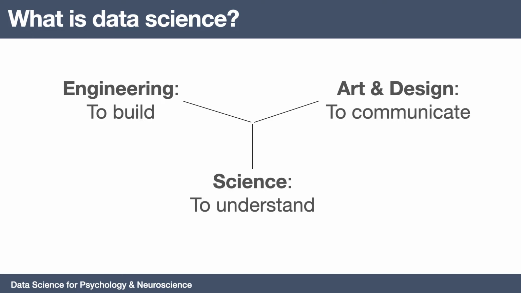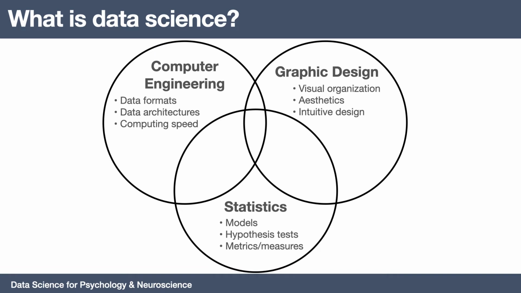Now, within these general areas, data science arose specifically at the interaction between three very specific fields: computer engineering, graphic design, and statistics. Computer engineering is focused on issues of data formats, data architectures, computing speed, the process of computing itself.